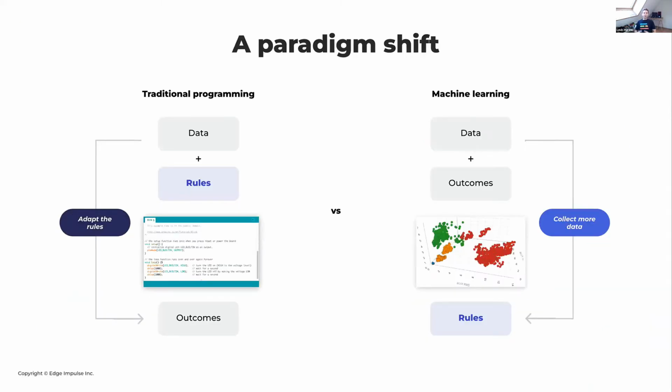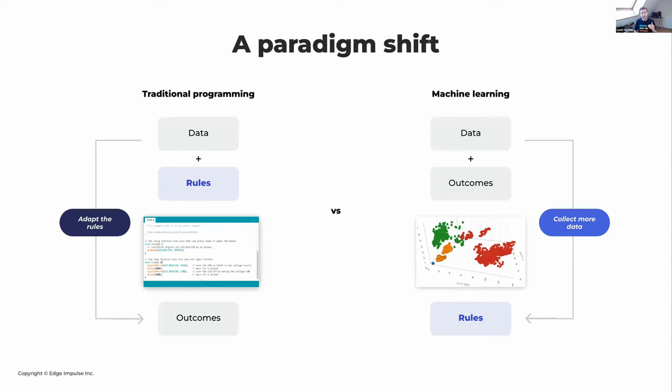I'm pretty sure you're all aware of that because you're here as part of the tinyML webinar. When we used to do traditional programming, especially, for example, on accelerometer data, which is something I've done in the past, you had some inputs, then you were defining the rules, and then you had the outcomes. So, for example, in the rhino example: is a rhino moving or not?